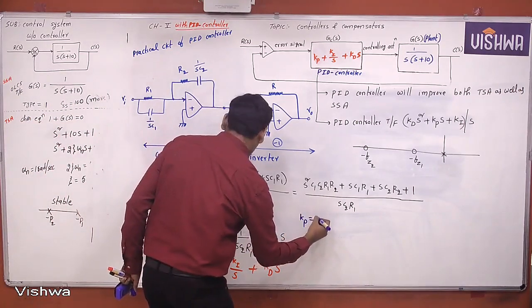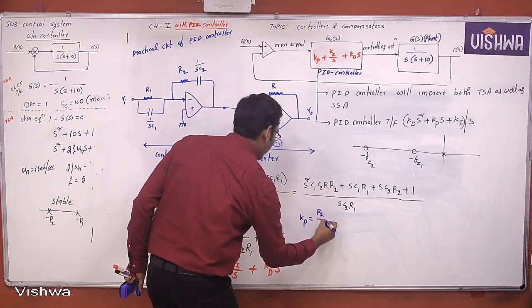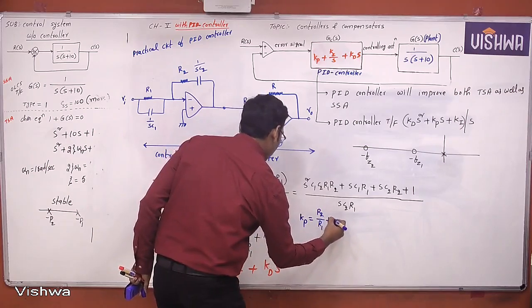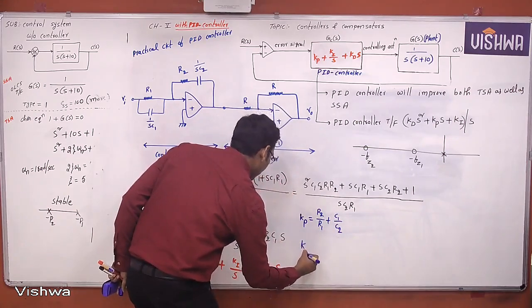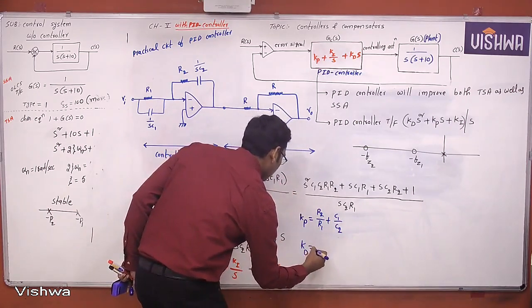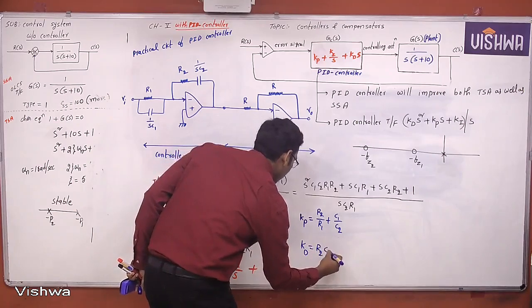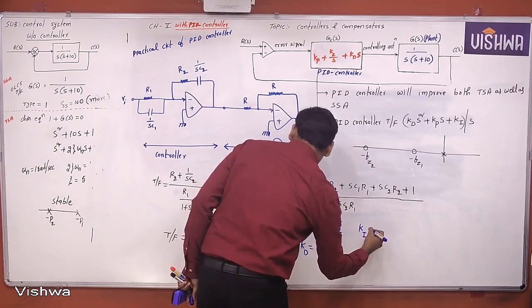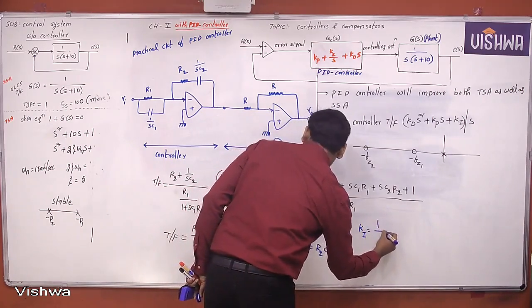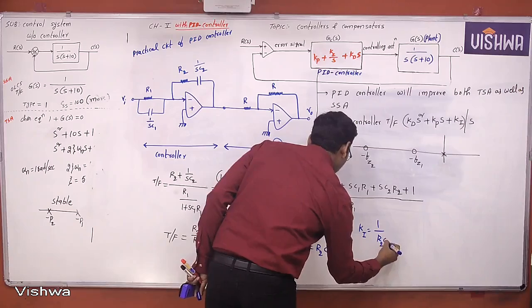Kp is equal to R2 by R1 plus C1 by C2. What is Kd? Kd is nothing but R2 C1. What is Ki? Ki is nothing but 1 by R2 C1.